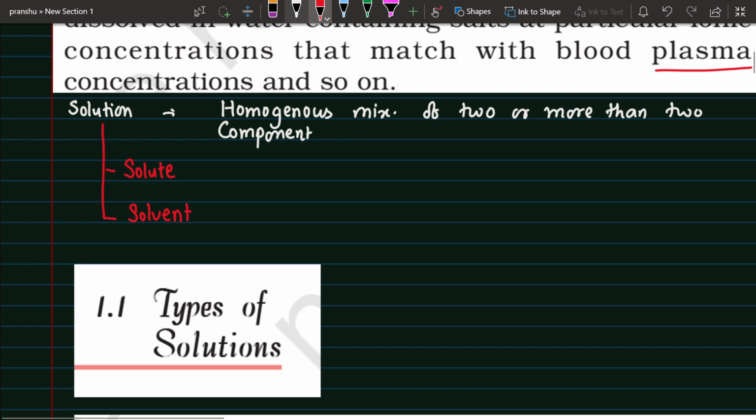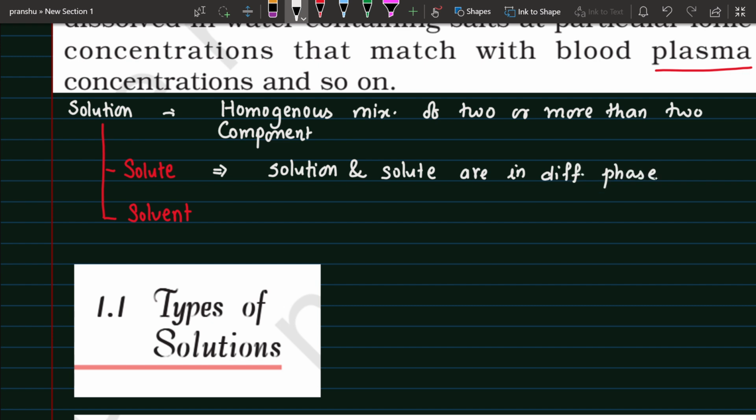Now, based on the definition, we can say that the solution and solute are in different phases, but the solution and solvent are in the same phase.